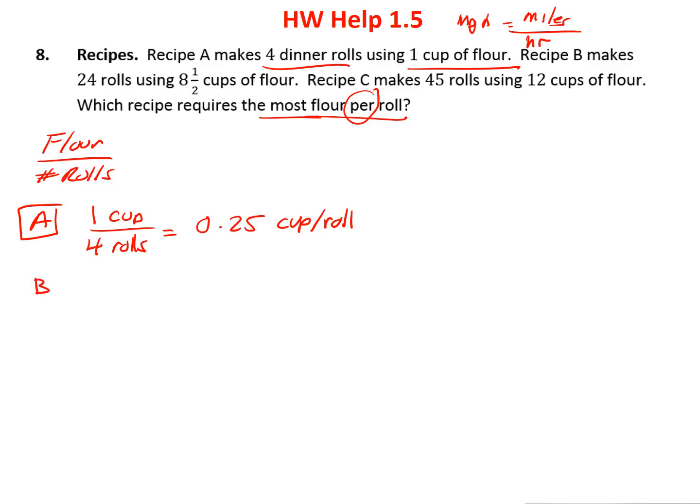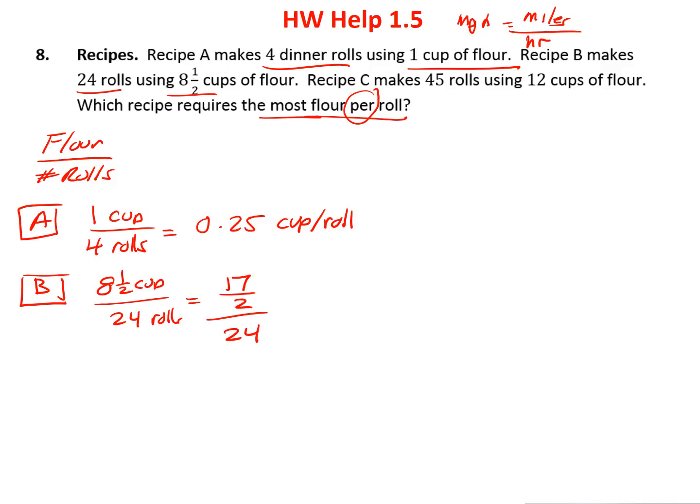Same thing for B. In B's case, we have 24 rolls and 8.5 cups. So I'm going to have 8.5 cups divided by 24 rolls. So 8.5 is going to be 2 times 8 is 16. That's going to be 17 halves divided by 24.